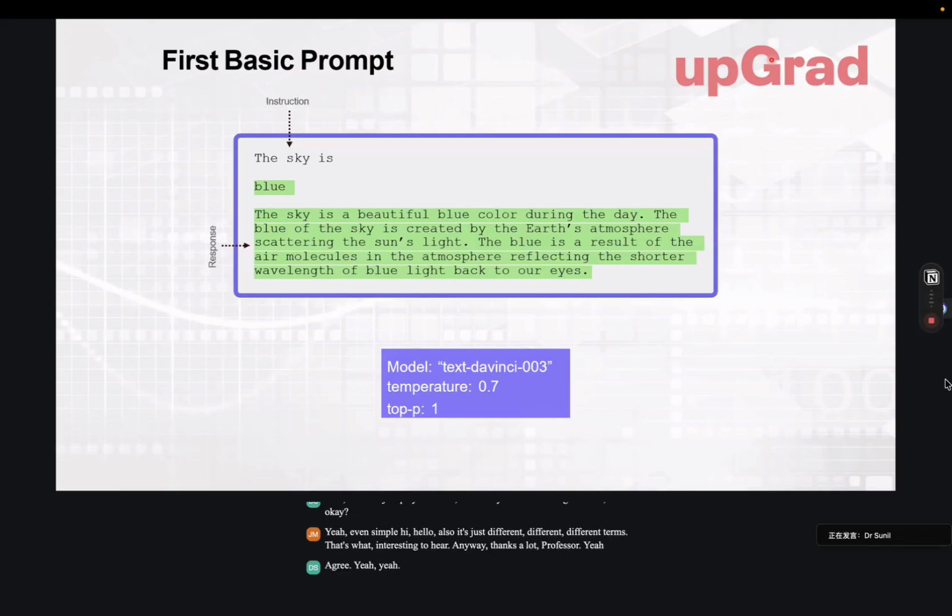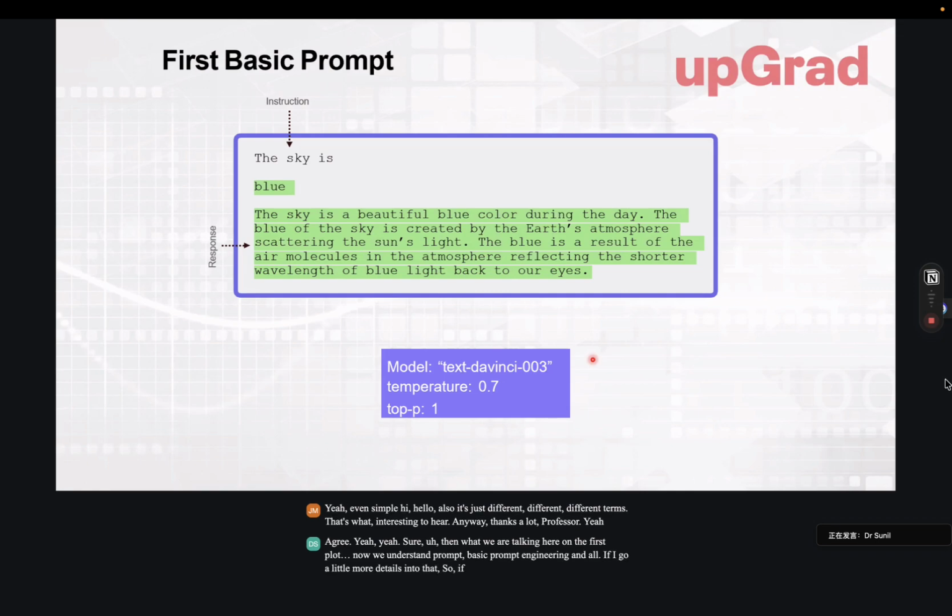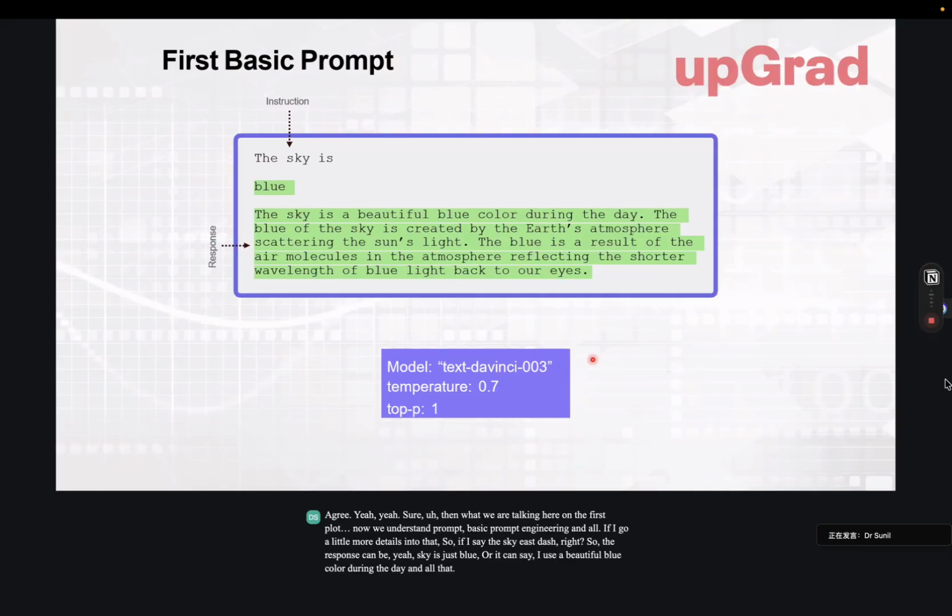Sure. Then what we are talking about here on the first one. Now you understand basic prompt engineering and all. If I go into a little more detail, if I say the sky is dash, right? The response can be the sky is just blue, or it can say the sky is a beautiful blue color during the day and all that. The green colors, whatever I'm highlighting, is the response.